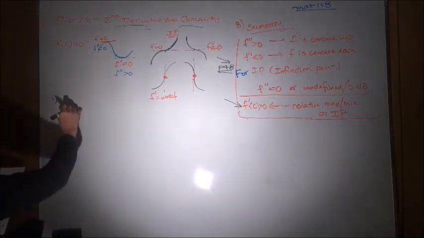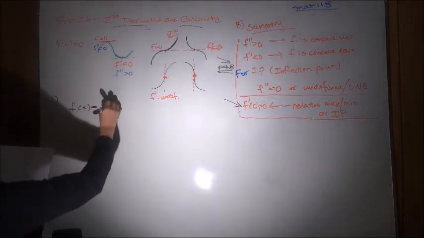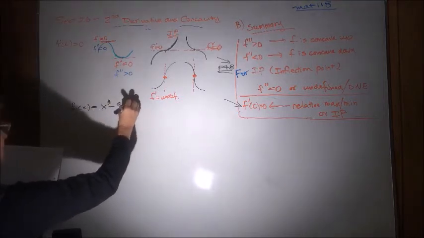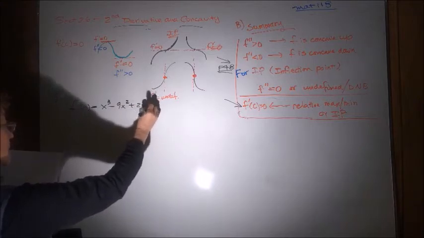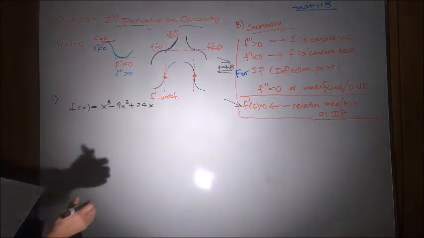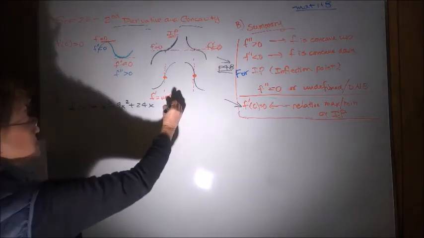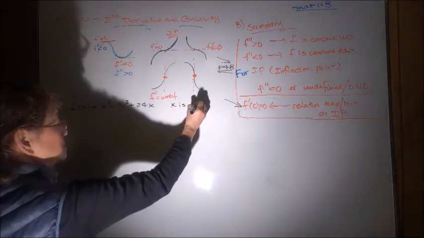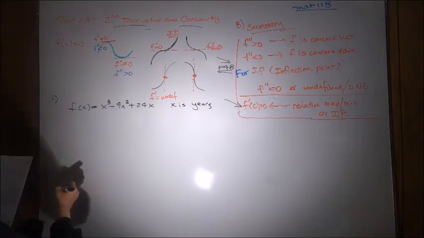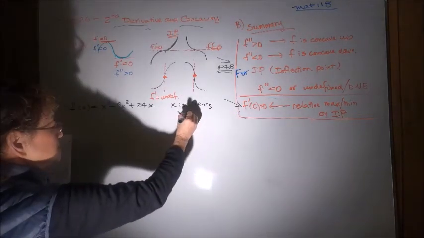So the model is saying, okay, and this is the one given to you. Somebody did a study. Okay, they realized the company's profit will behave this way after X years. Okay, so X is the years. How many years? Then X is bigger than 0.